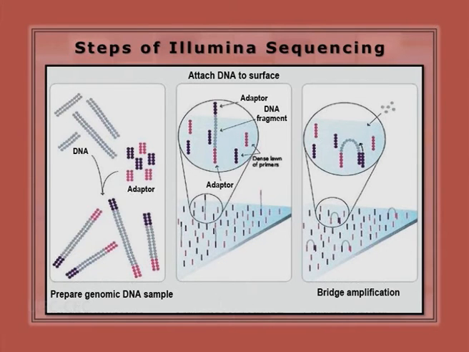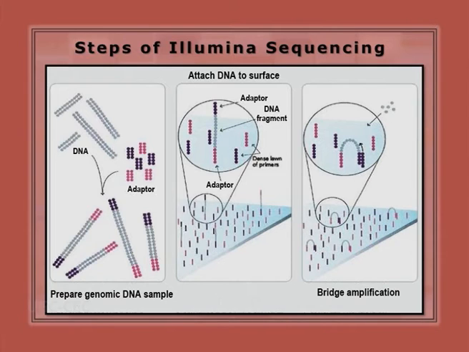Illumina sequencing is carried out very often nowadays. Here we prepare the genomic DNA sample first. Next, it is attached to the surface of a slide. Then we add unlabeled nucleotides and enzyme to initiate solid phase bridge amplification.